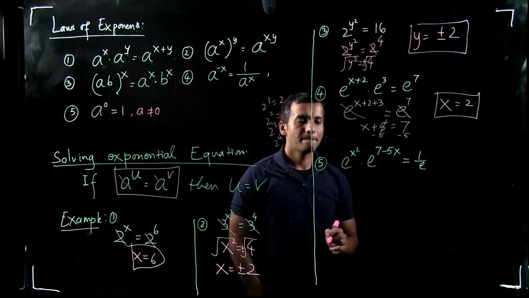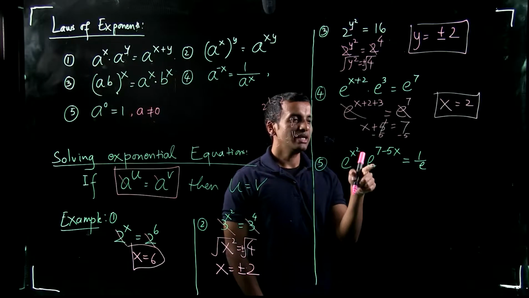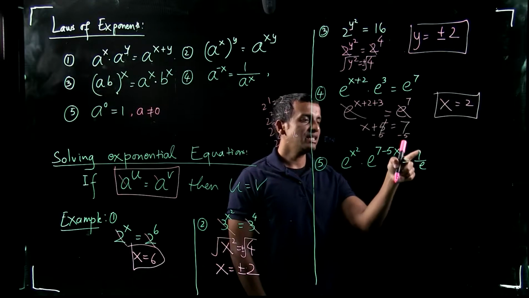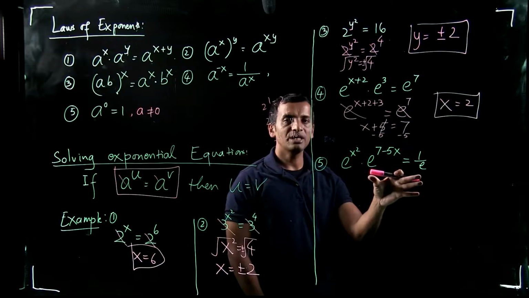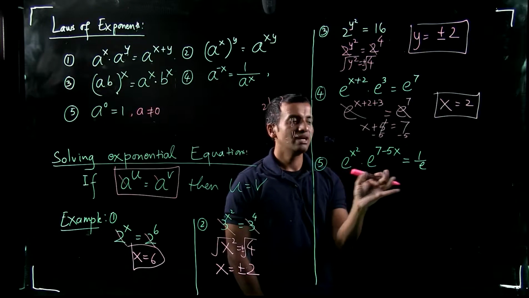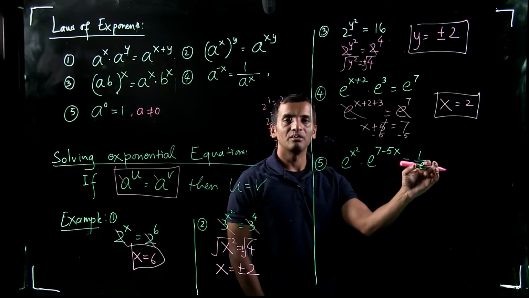Let's say this one. So there is e to the x squared, e to the 7 minus 5x, and then there is 1 over e. Okay, so how do you solve this? First of all, you combine the base on the left and you write the base e there.